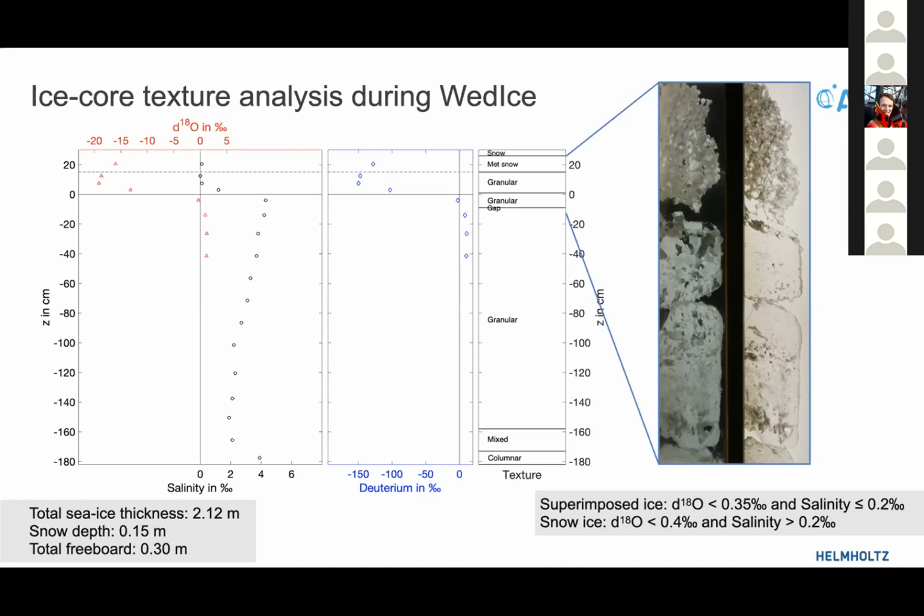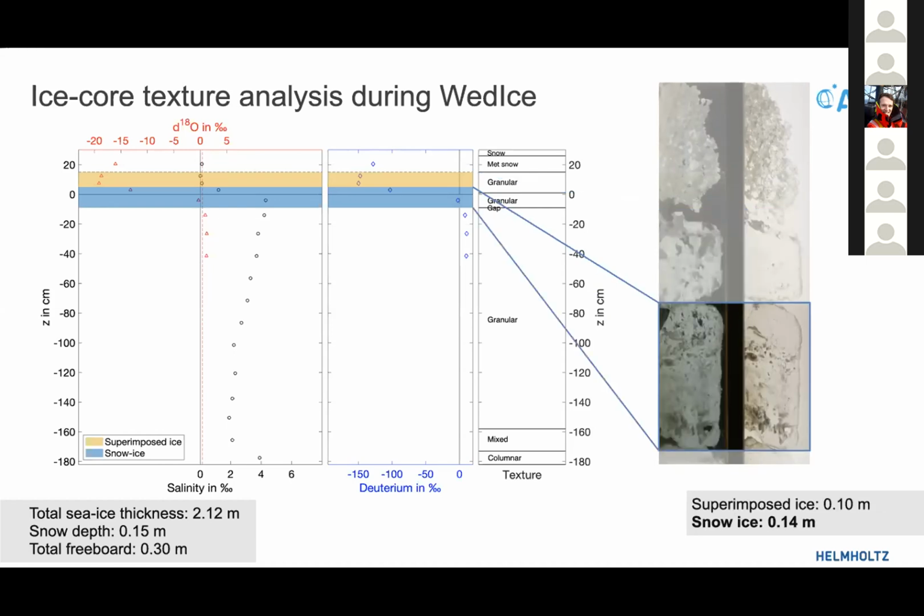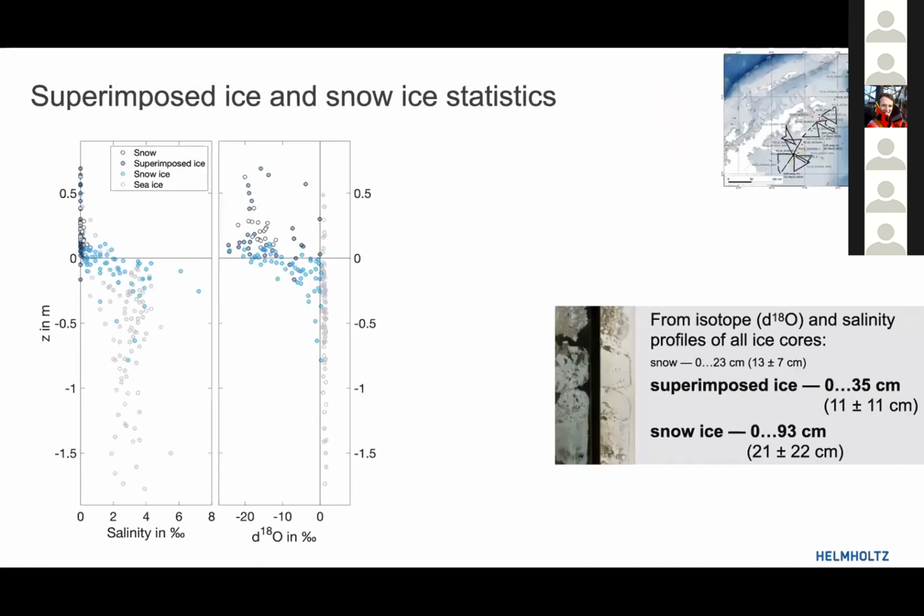Now going through that example section, we see here that part of the core, which we analyzed as superimposed ice of about 10 centimeters. And in the lower part, of about 14 centimeters, we observed the snow ice thickness. Those analyses we did for every single ice core we took, 21 cores in total.